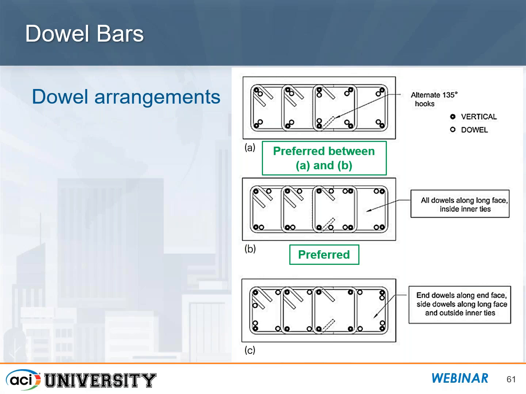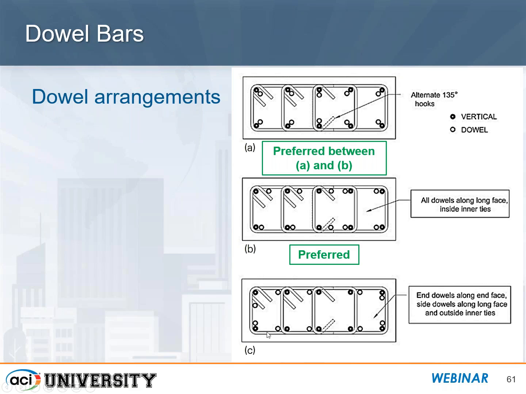Now, what about dowel arrangements? Okay, there's different ways we can arrange the dowels that are coming out of the foundation and into the column. So on this particular drawing, the vertical bars in the column are the darker circles and the dowel bars are the open circles. Now, A and B are preferred over C for one particular reason.